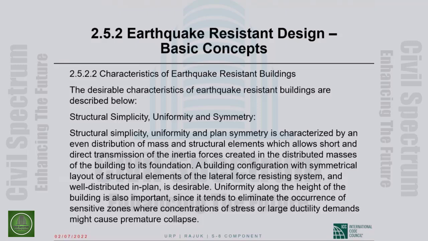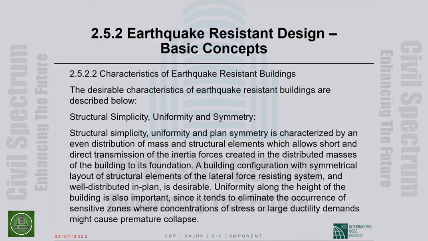Okay? You keep building simple, uniform, and symmetrical in order to have short and direct load paths. A building configuration with symmetrical layout of structural elements of the lateral force resisting system and well distributed in plan is desirable.